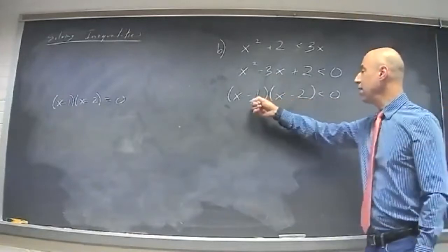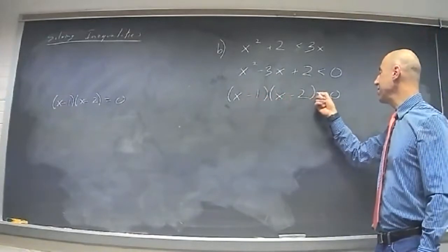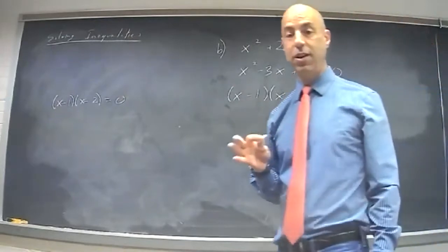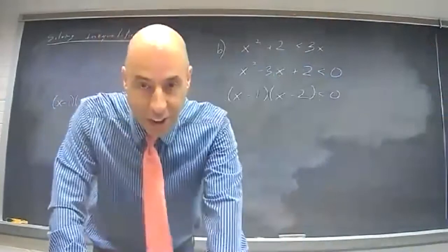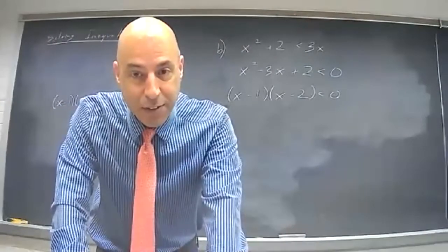This says the product of x minus 1 and x minus 2 is negative. It's negative. Under what conditions is the product of two numbers negative?